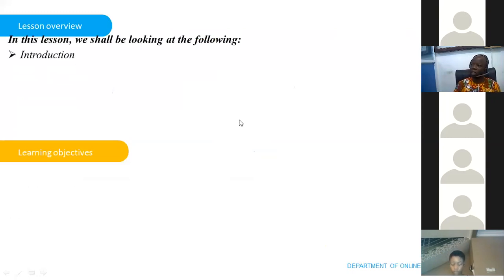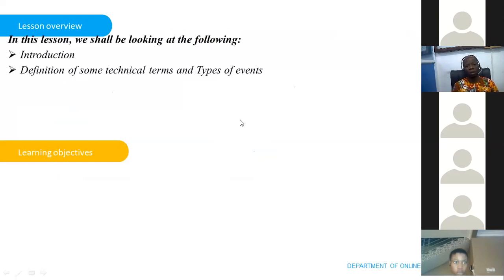And the first thing there will be the introduction to probability, definition of some technical terms, and then the types of events that we have.